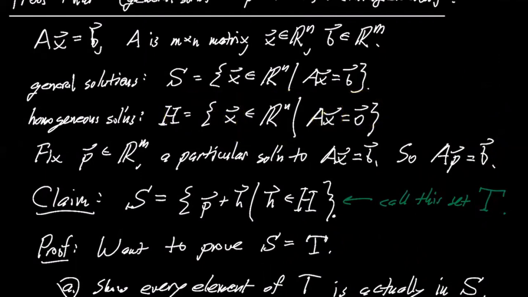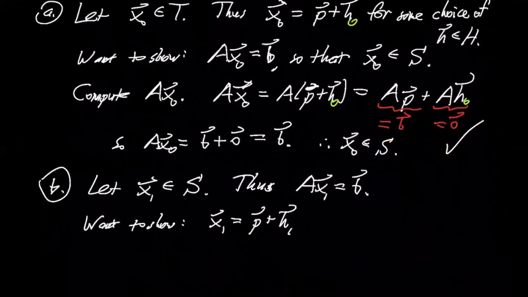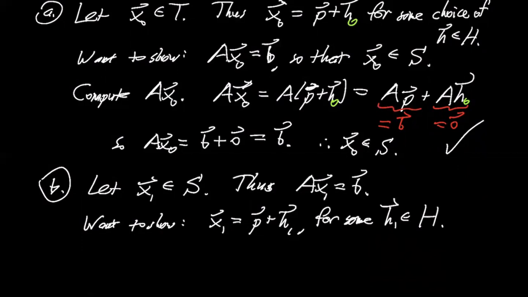So I'm just going to put subscripts to make it clear that these are specific. So we want to show that x1 is p plus h1 for some h1 living in capital H, which is basically for some homogeneous solution. These are very formal ways of saying these things.